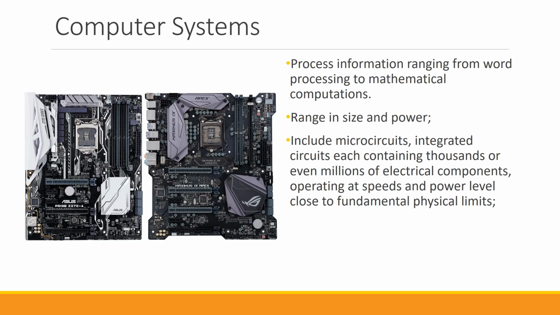The second class is the class of computer systems, which are used to process information that can range from word processing to mathematical computations. Computer systems usually range in size and power, and they contain microcircuits, integrated circuits that each can contain thousands, millions, or even billions of electrical components and transistors that usually operate at speeds and power levels close to the fundamental physical limits.